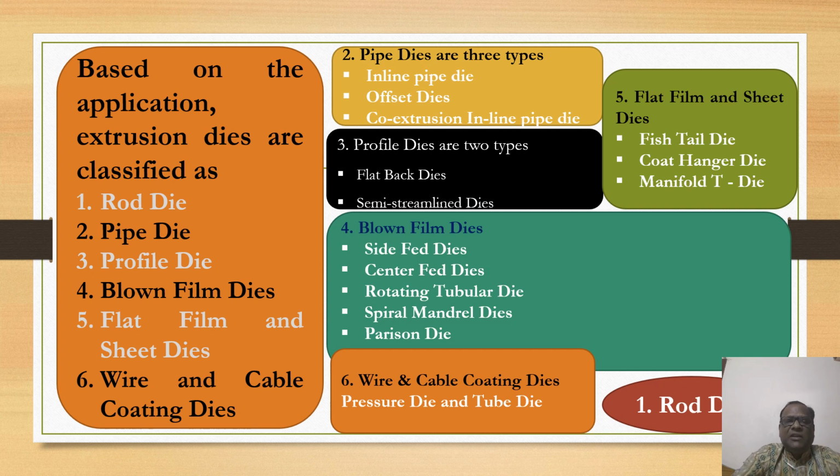Like pipe dies are three types, profile dies are two types, blown film dies are five types, based on how we are feeding the material to the die.